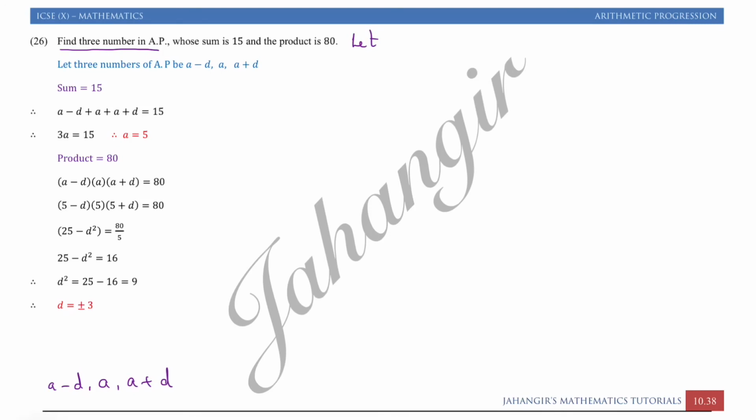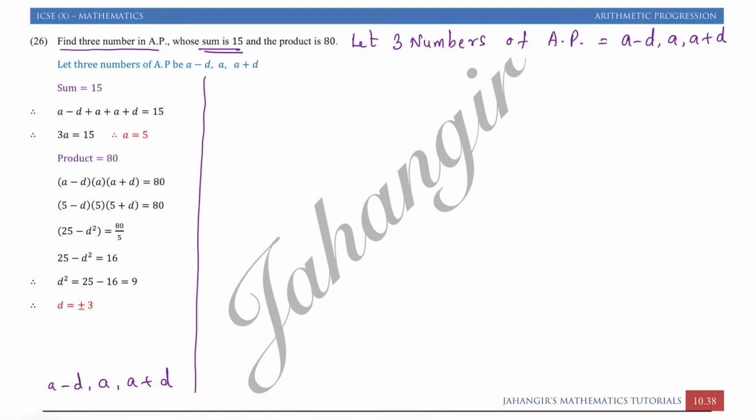Now I will say let the three numbers of AP be A minus D, A and A plus D. So the first condition is the sum of the three numbers is 15.